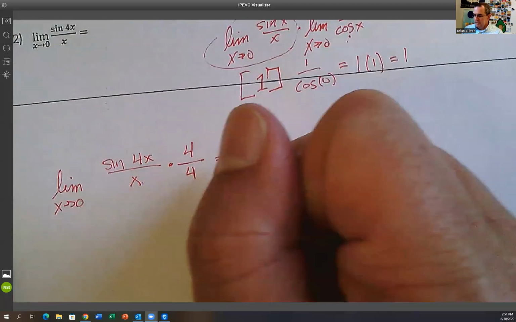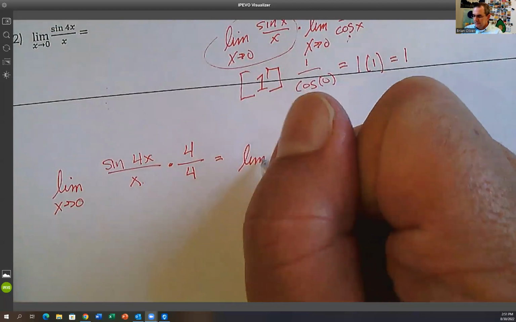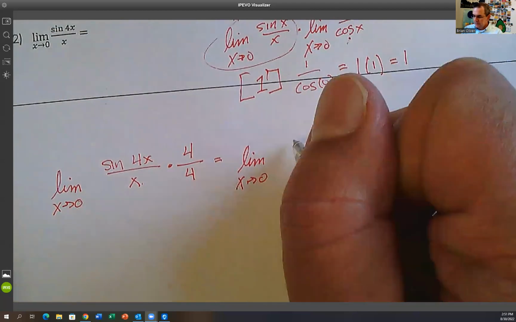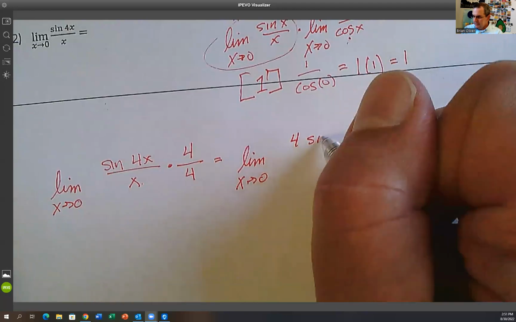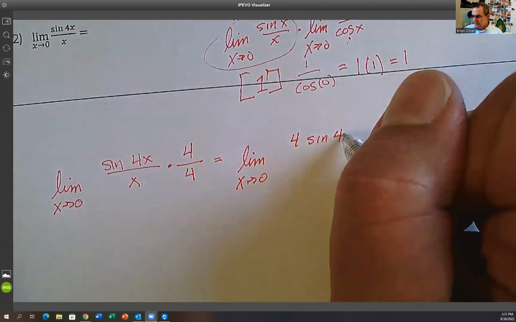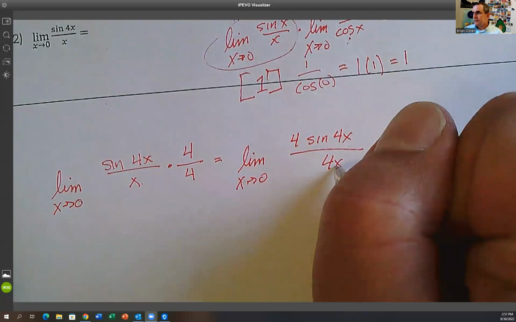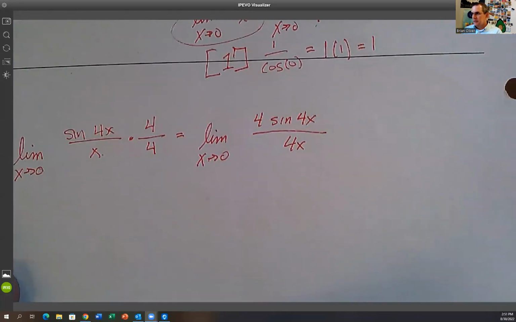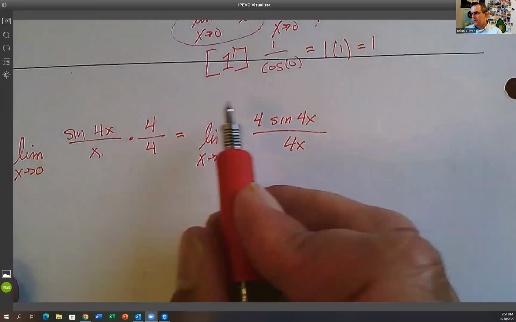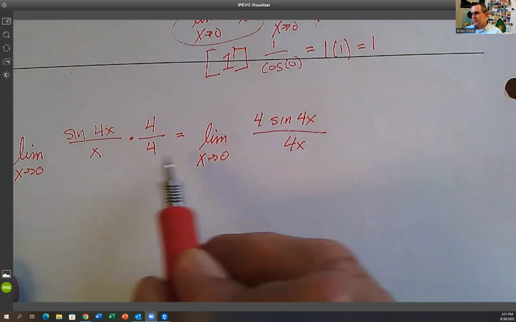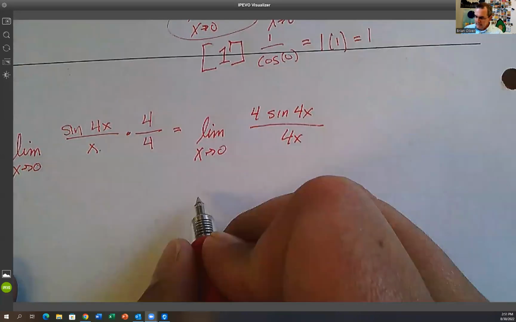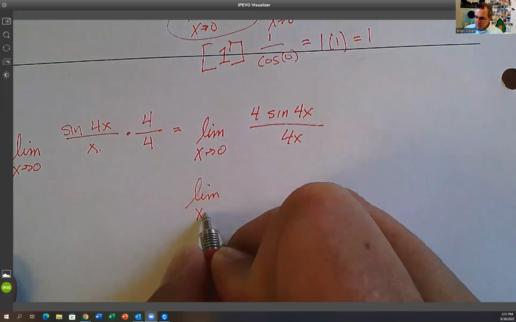So what this is going to give me is the following. The limit as x approaches 0 of 4 sine 4x over 4x. So basically multiply the top by 4 out front, and multiply the bottom by 4x. And I'm going to, again, show you how we can break this into its parts.